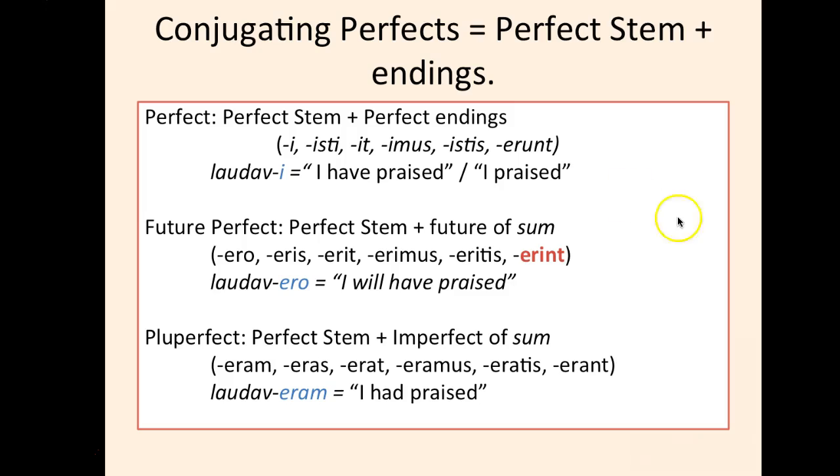In English, we don't tend to use the future perfect nearly as much because it's kind of cumbersome, but Latin uses it a lot. For example, in English, a woman may say, well, by July I will have given birth, putting a short end point on the end of giving birth.